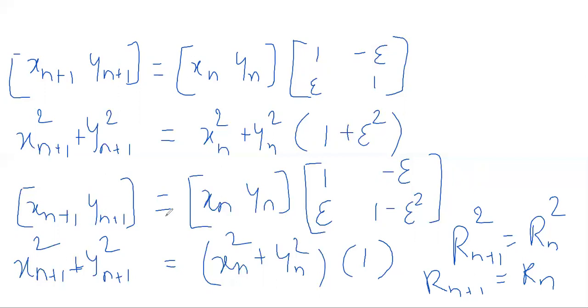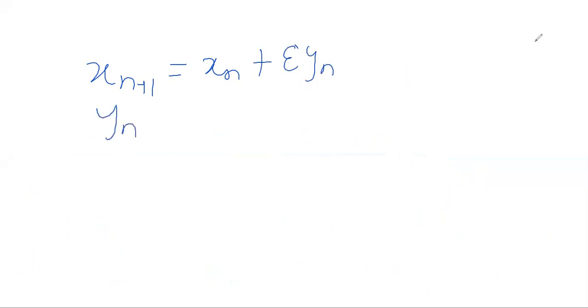Okay, so this is how we did it for the DDA line algorithm. So what is expected? What changes are expected in the equation? Yes, x value will be n plus 1 is equal to xn plus epsilon yn only. But while representing the next value of y, what we need?